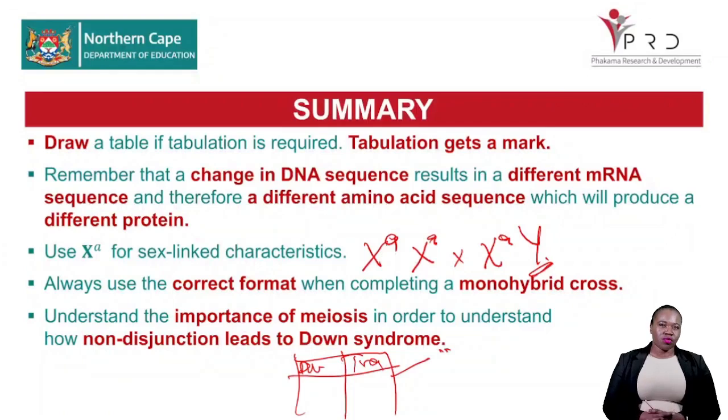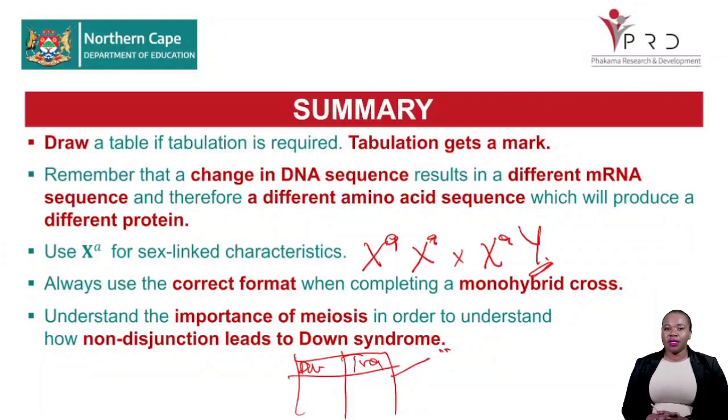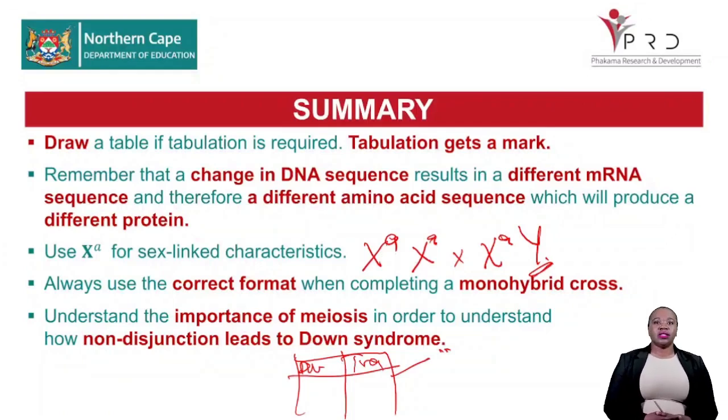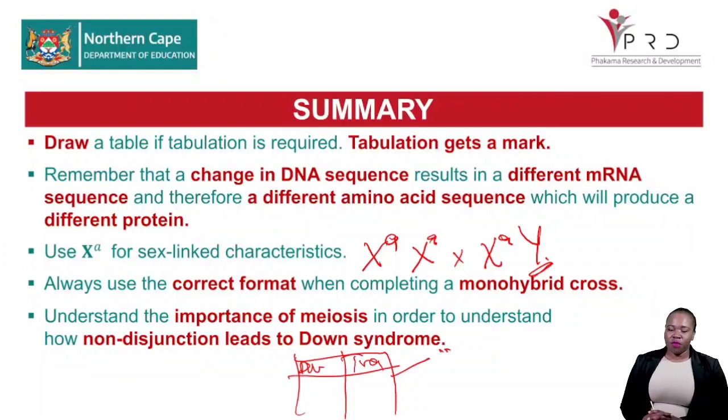Make sure that your monohybrid cross has everything from P1, phenotypes, genotypes, meiosis, gametes, and then the crossing, as well as the gametes of the genotype of the offspring, which is F1, which should be indicated as well, and then the phenotype of the F1 as well.